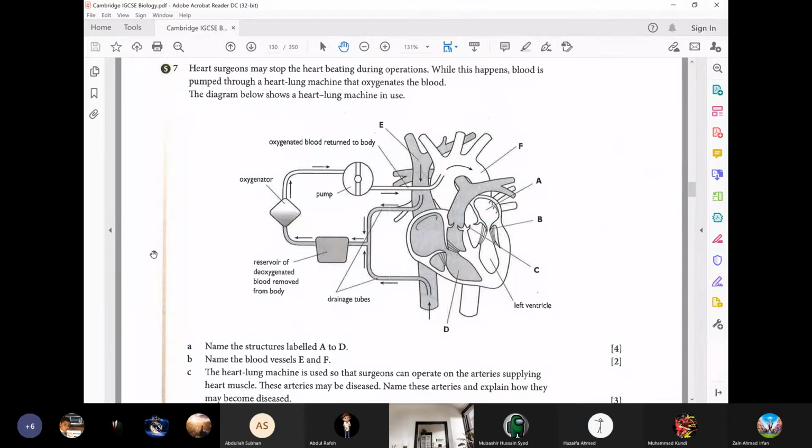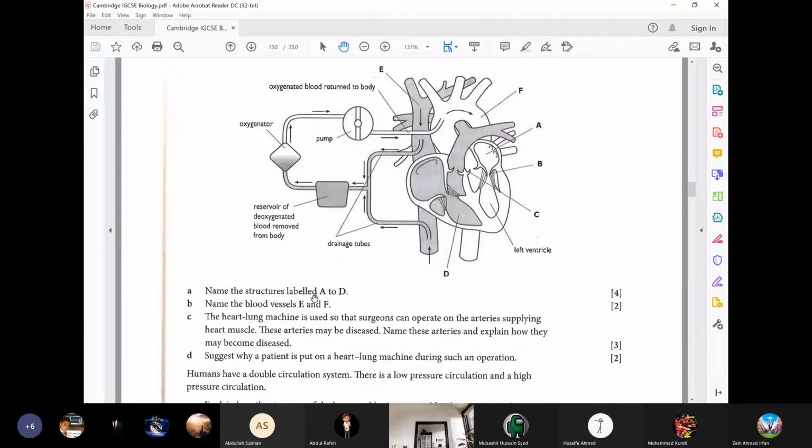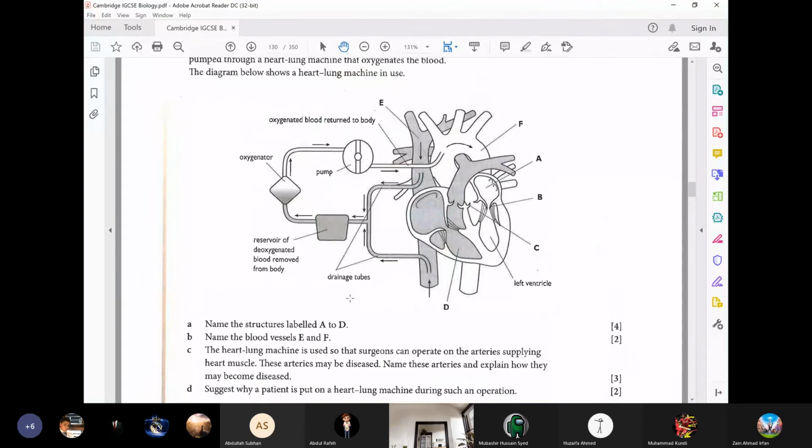Yes, sir. Now name the structures labeled A to D. What is A? Sir, left atrium. Okay, boys. Now, what is B? Bicuspid valve.